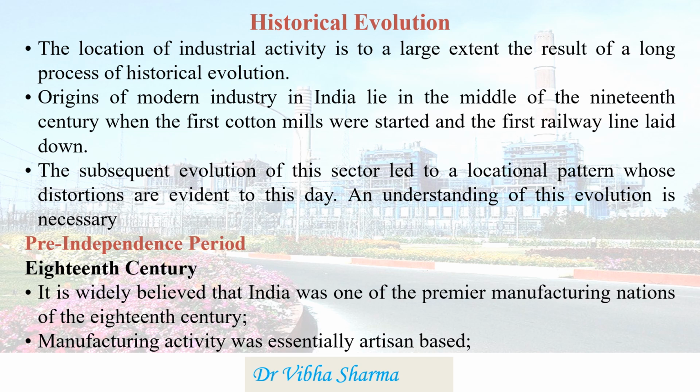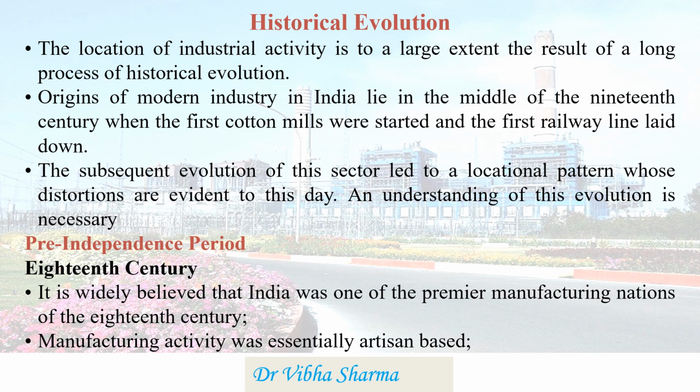In order to understand the dispersal policy, we need to understand the historical evolution. The location of industrial activities is to a large extent the result of a long process of historical evolution.